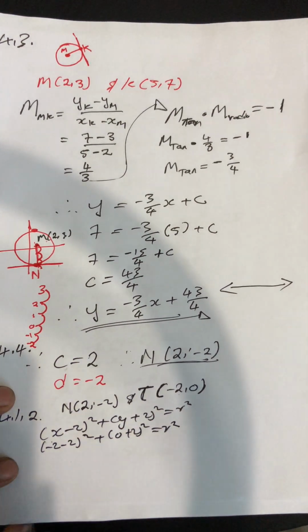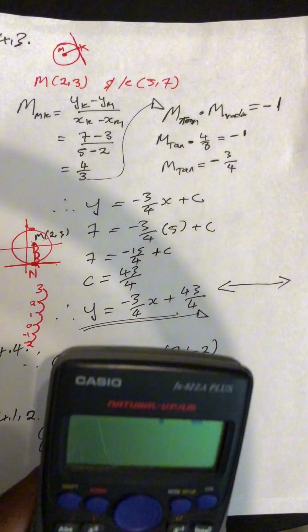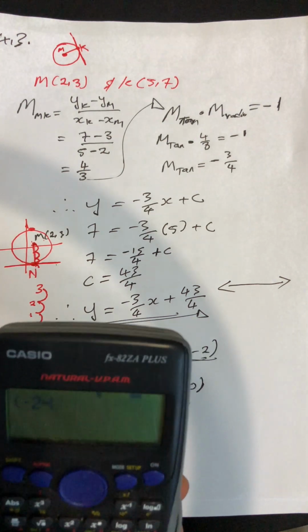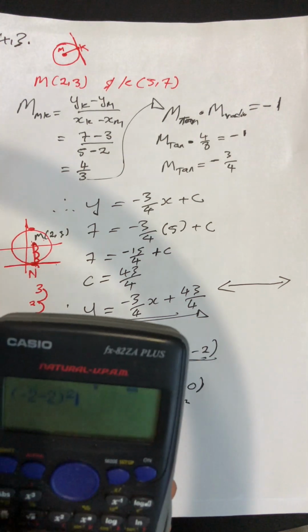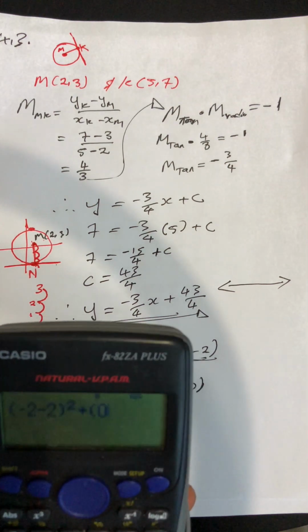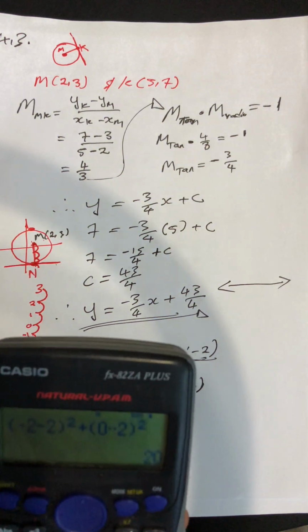Then from here, we can use a calculator. We are going to say negative 2 minus 2, squared, plus 0 plus 2, squared. The answer is 20.